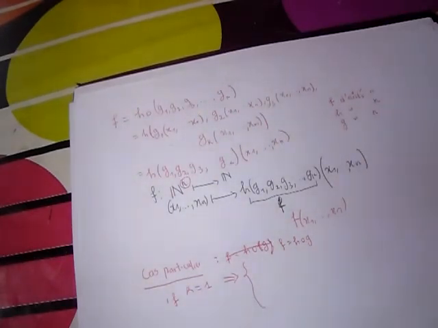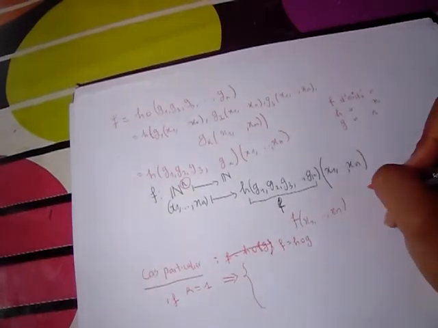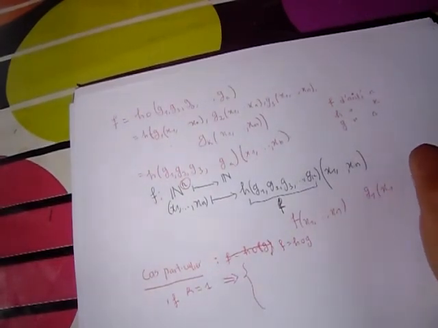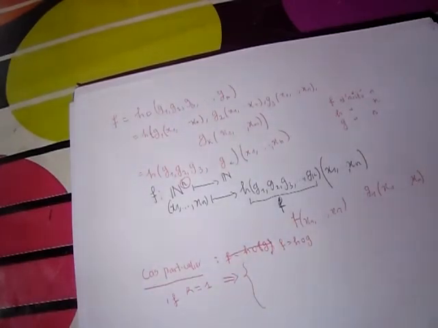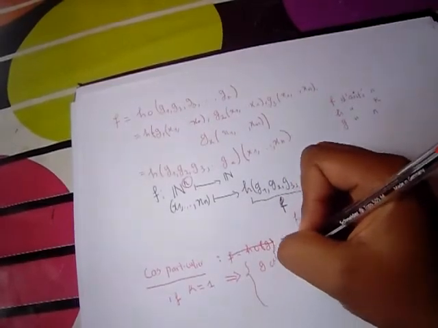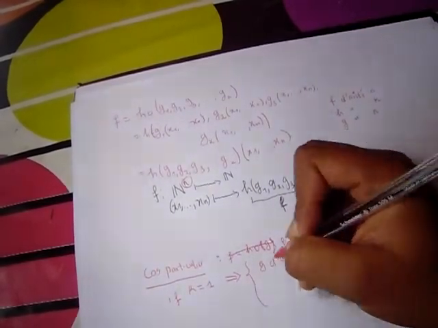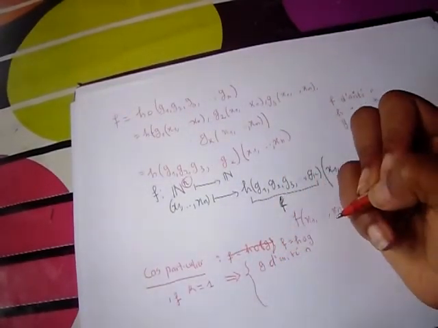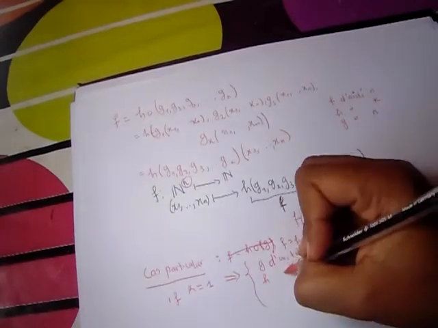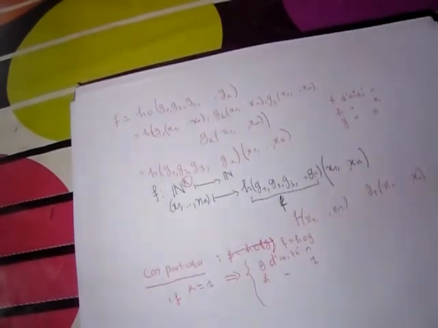If k is equal to 1, g is still d'arité n, because g1 is associated with what? N variables. So g remains d'arité n. How about h? We said h is d'arité k, and here k is equal to 1, and so h is d'arité 1.